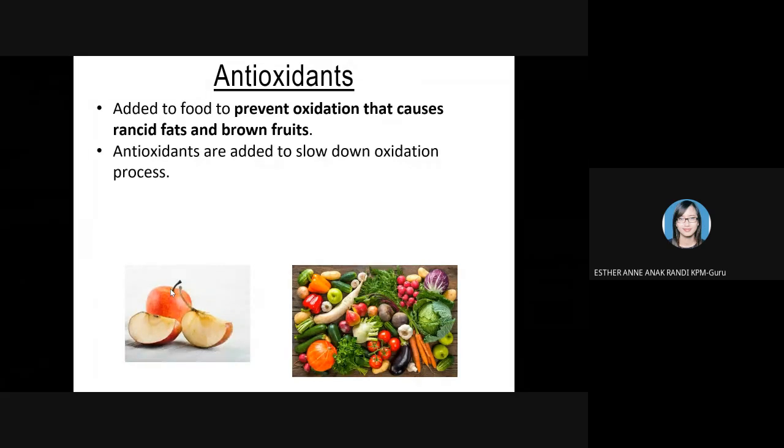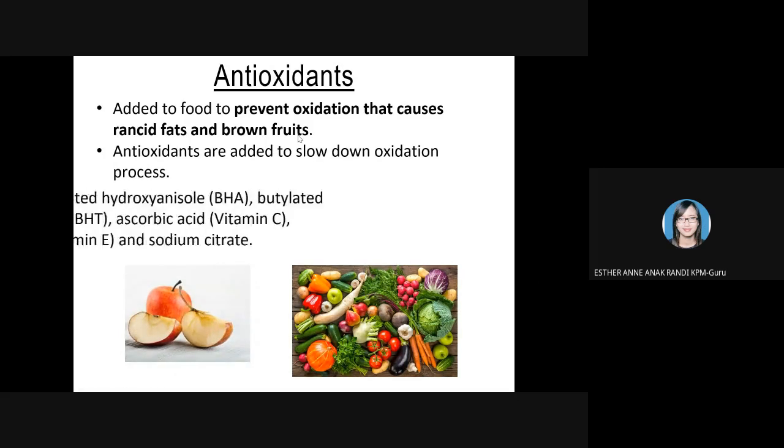Yellow, brown, like that, right? So that is oxidizing. It oxidizes, it reacts with the air in the environment. Okay, so it makes it lagi cepat, in a way rosak lah. Okay, causes rancid fats and brown fruits. So we add antioxidant to slow down the oxidation process.